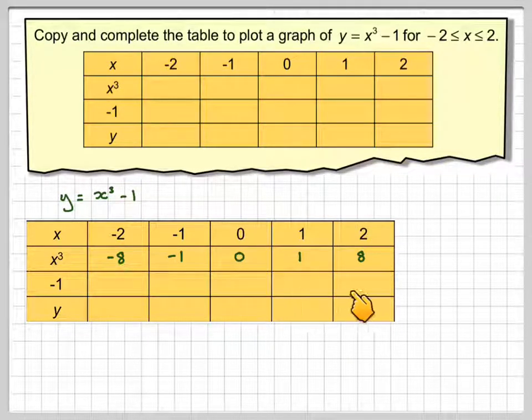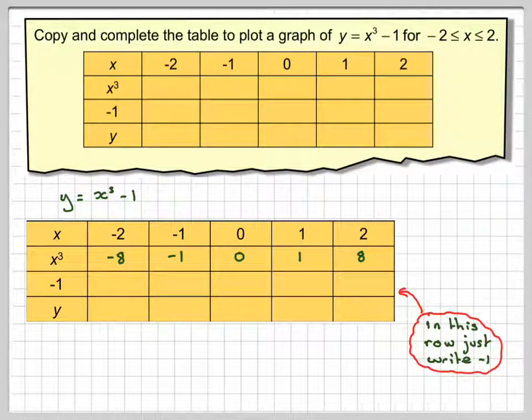Here, all these have to be the same thing because there's nothing happening except we're taking 1 from each value. So writing down minus 1, minus 1, minus 1, minus 1, minus 1.